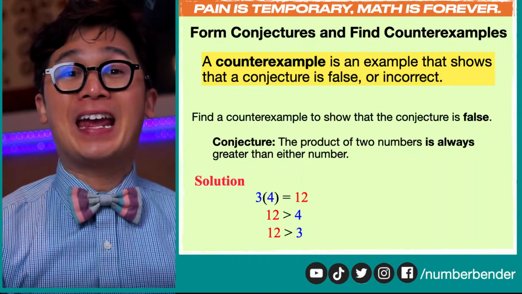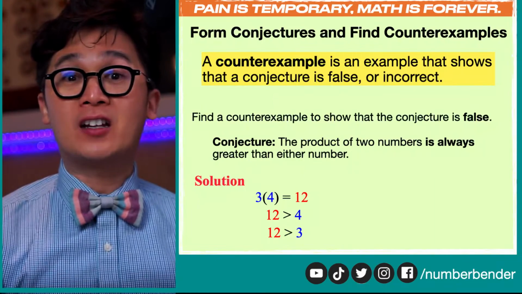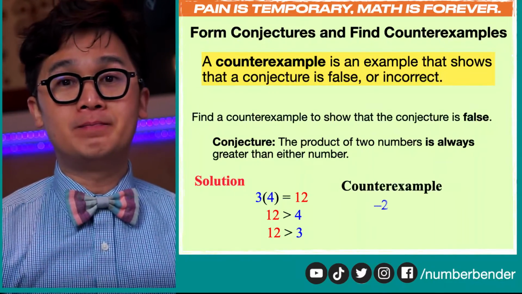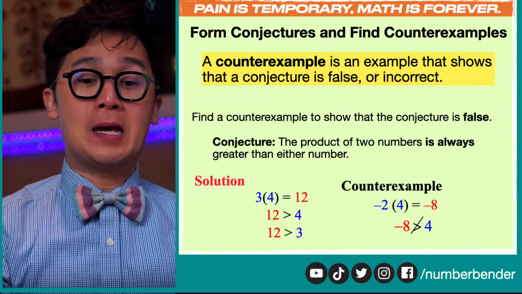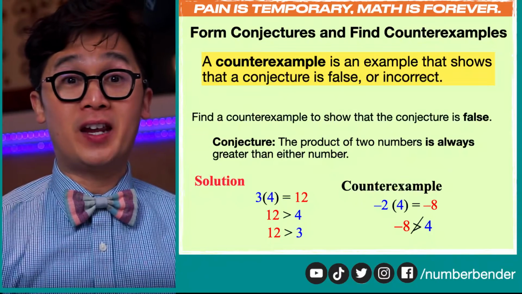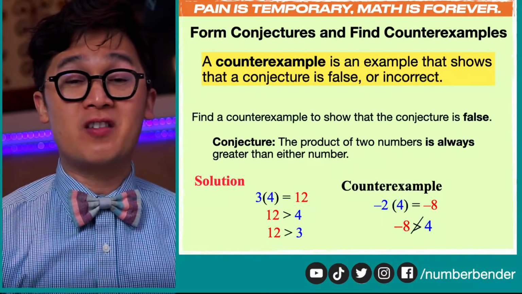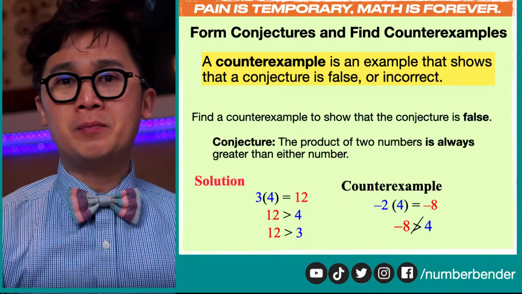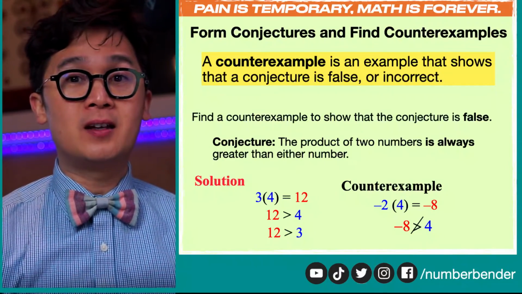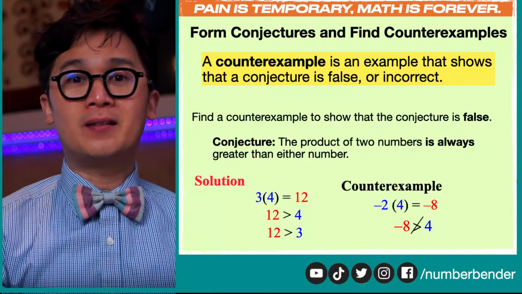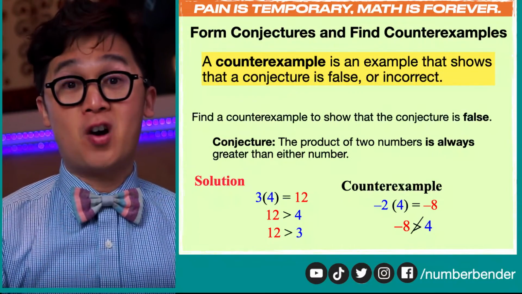So can you give a counterexample that will make that conjecture false? My counterexample is negative 2 times 4, because negative 2 times 4 is negative 8, and we know that negative 8 is not greater than 4, and it's also not greater than negative 2, which means we are able to find a counterexample that makes the conjecture false.